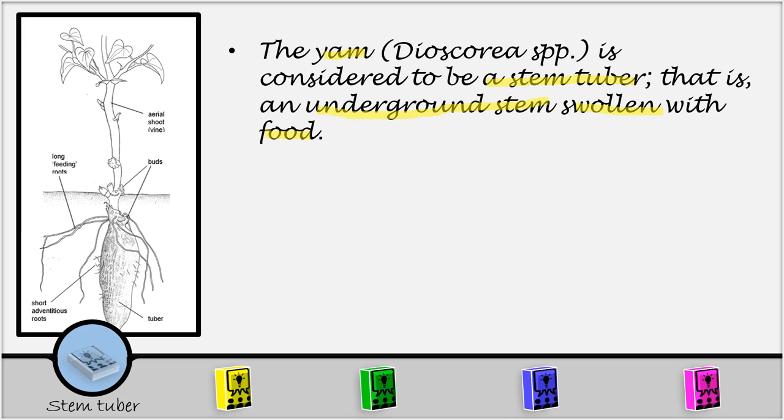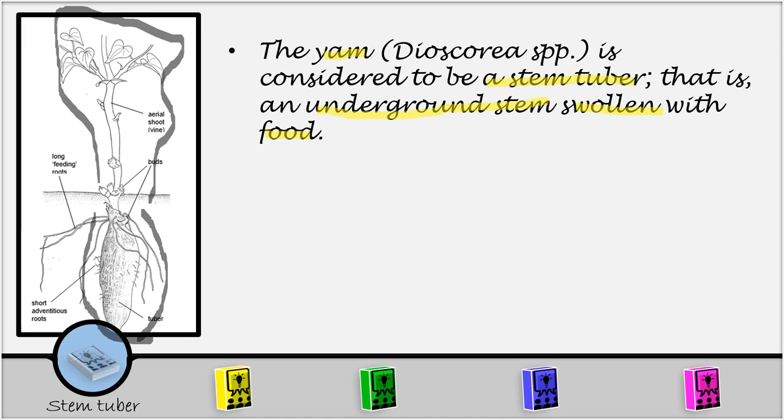So when you look at the yam, it is a stem tuber. It has a swollen underground stem, and above it has the flowering or the forage part of it.